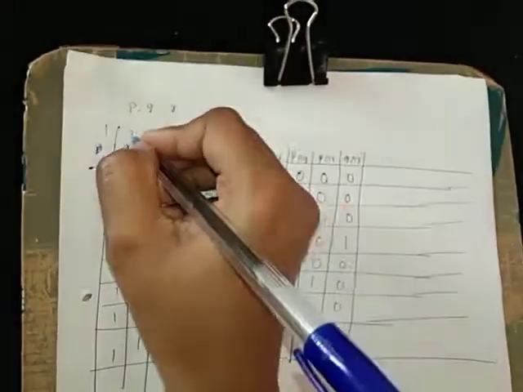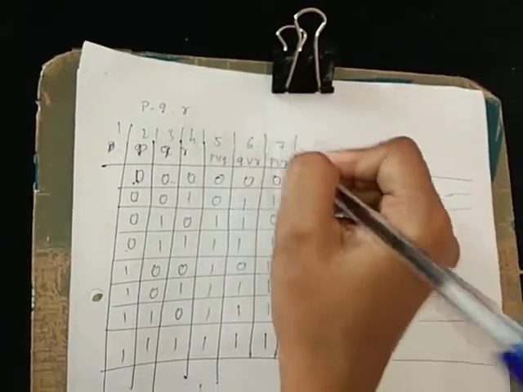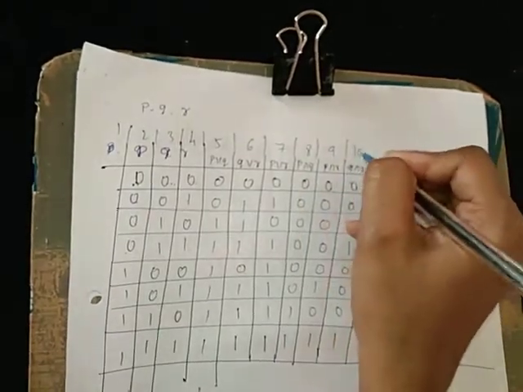So give the column names 1, 2, 3, 4, 5, 6, 7, 8, 9, 10.